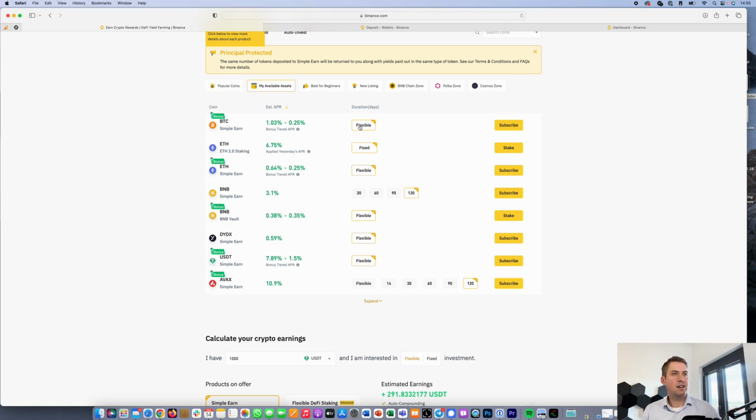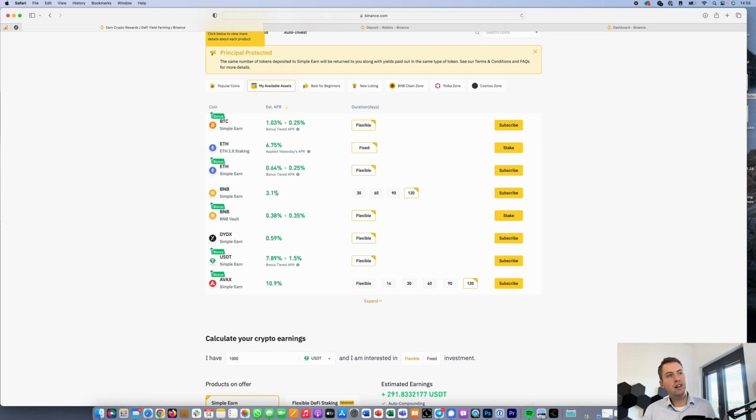And as you can see, the duration here is flexible, so you can subscribe anytime and you can get your Bitcoins back anytime you want to. With a fixed duration, you have a fixed amount of time where you need to be subscribed and where you don't have access to your funds. So for BNB, for example, you can stake them for up to 120 days, and during that 120 days you can't access these funds.